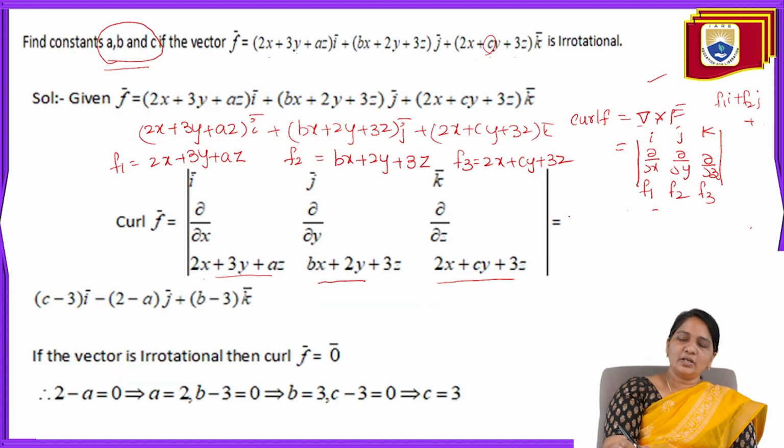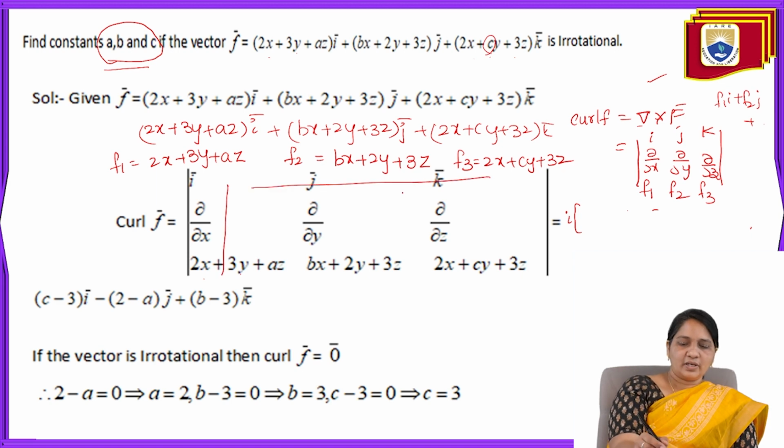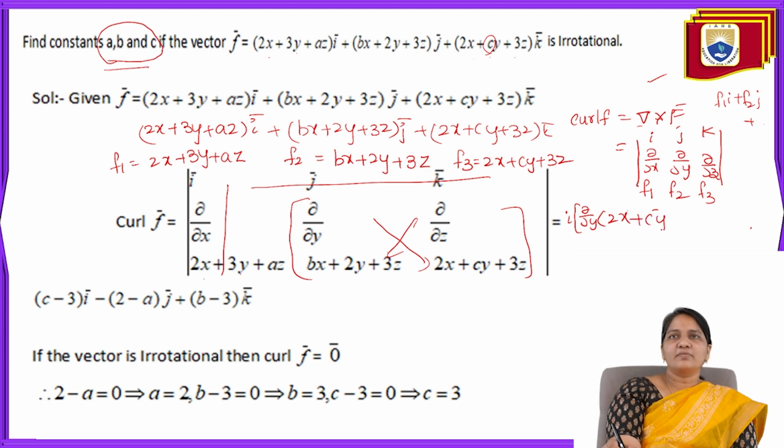Now, so here i. When I am doing i here, we have to calculate this cross product value. ∂/∂y of 2x plus cy plus 3z, minus ∂/∂z of bx plus 2y plus 3z.